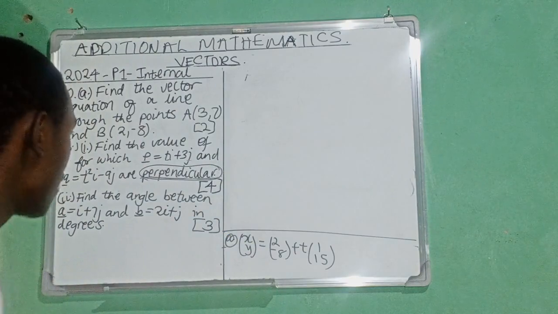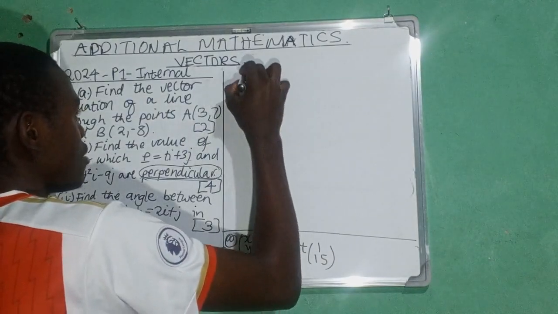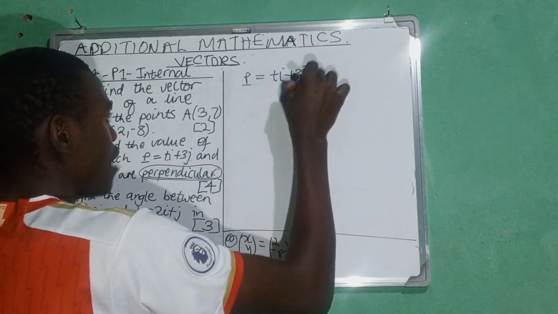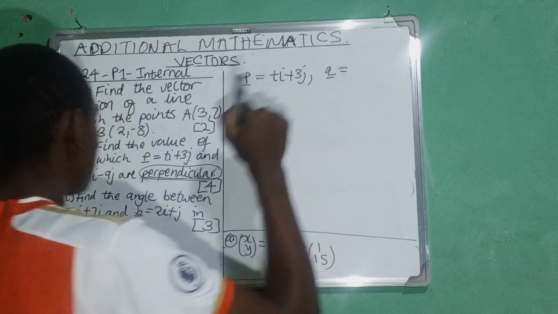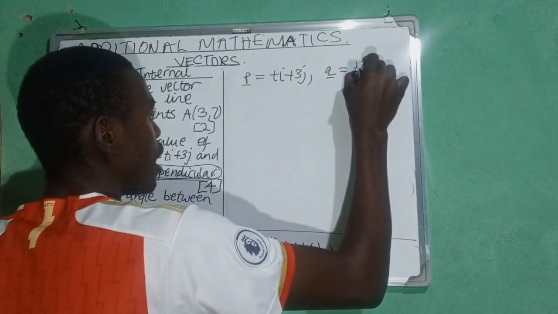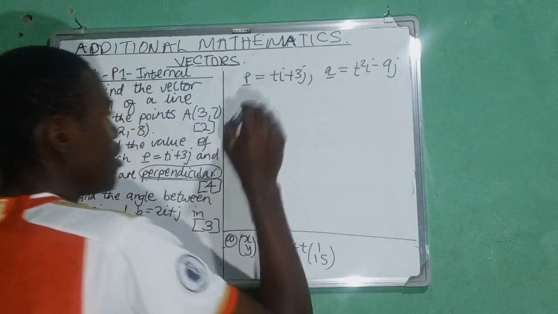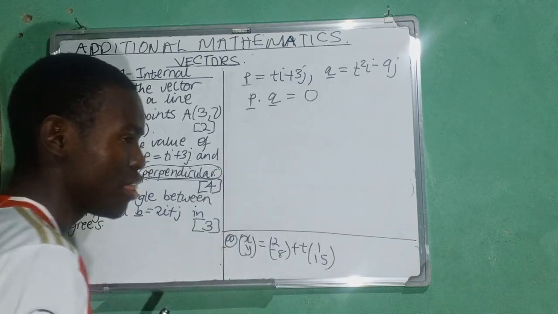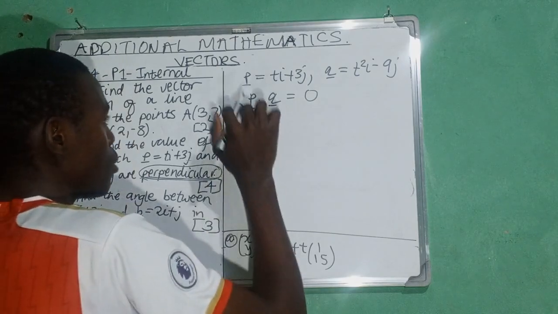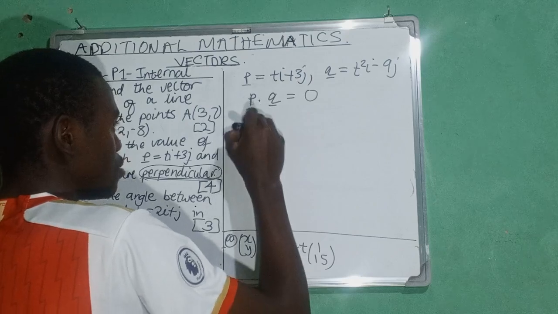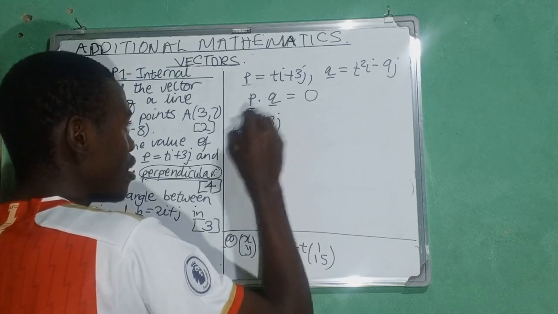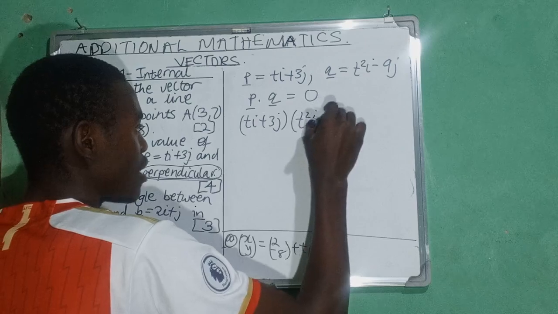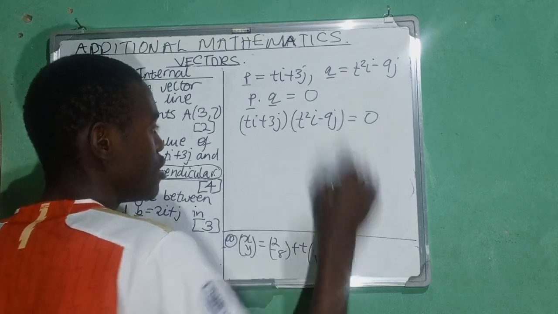What do I mean? If we write our vector p as ti plus 3j, and our vector q as t squared i minus 9j, we are saying vector p dot vector q is equal to 0. That's what we are saying. So we substitute the components: ti plus 3j, multiplied by t squared i minus 9j, is equal to 0.